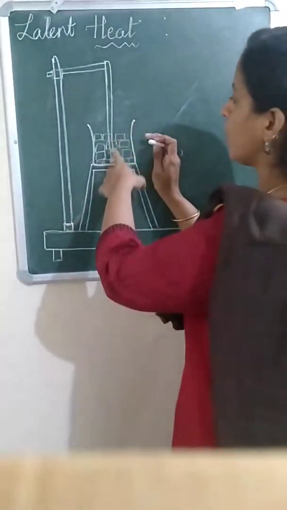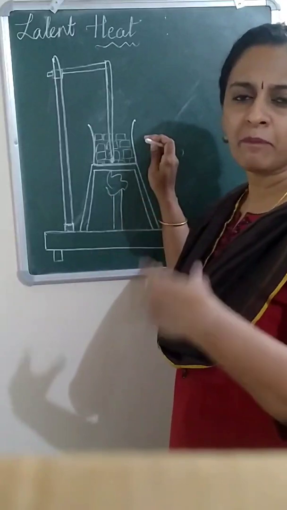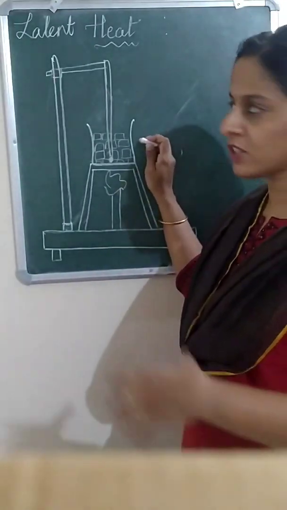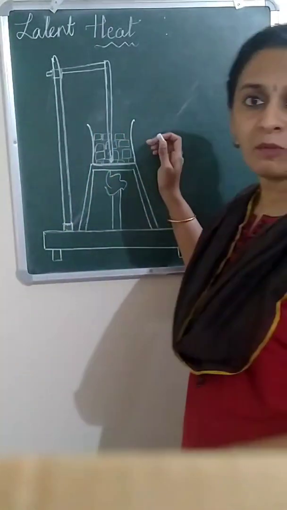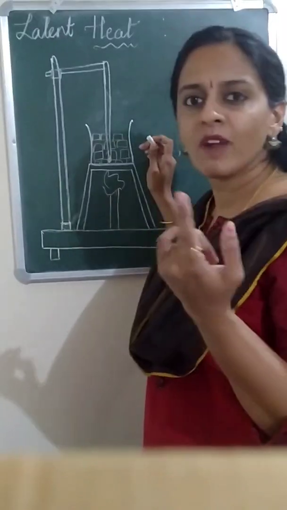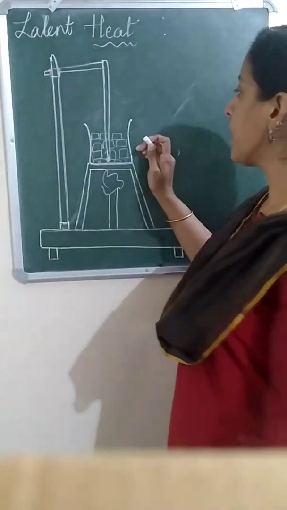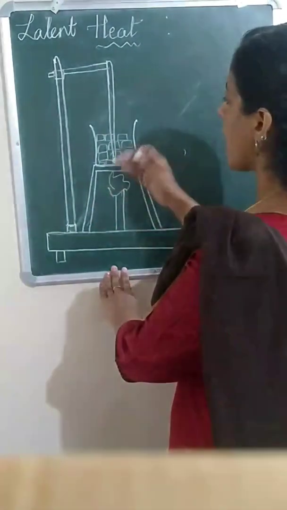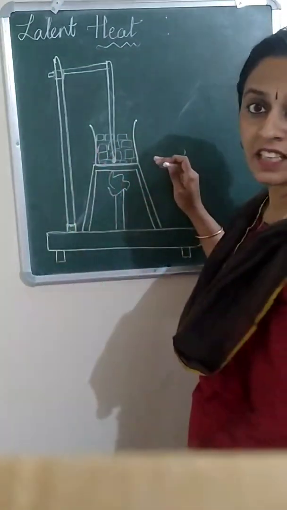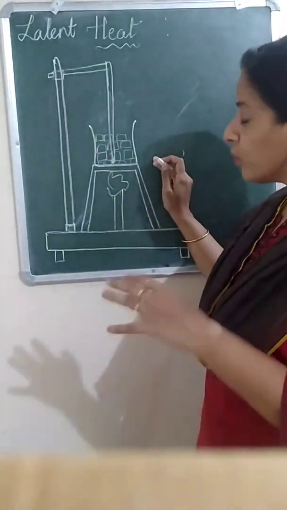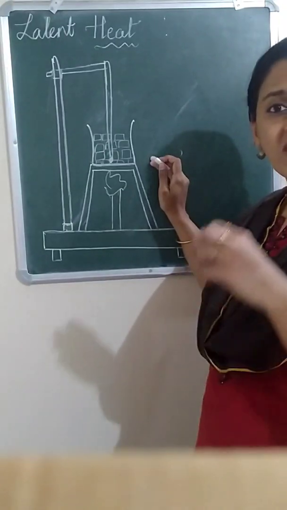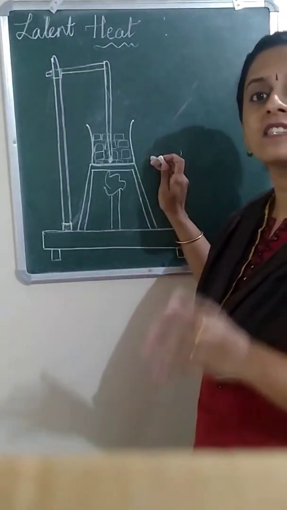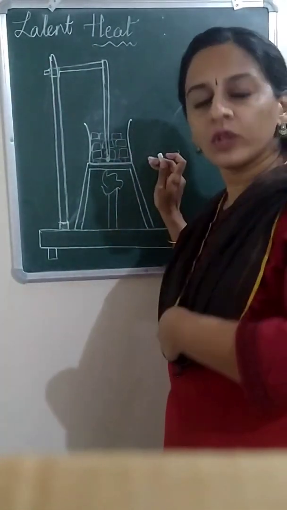Before heating, we will note the temperature. Maybe the temperature is below 0 degrees Celsius, so that will not be shown in the thermometer, because our thermometer starts from 0 degrees Celsius. So as you start heating the cubes of ice, you will see that the temperature remains at 0 for quite a long time.